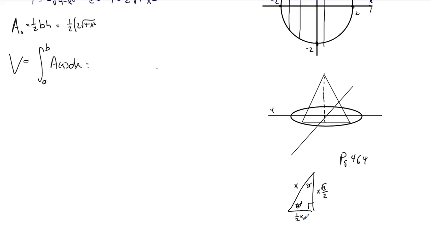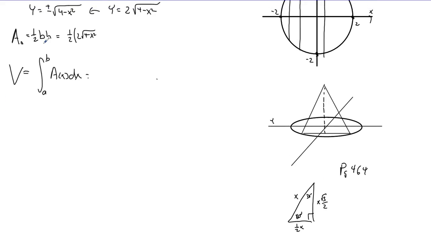Okay, so since I already know what the base is, that would be this whole distance right here. Half of that would be just square root of 4 minus x squared, and then multiply by square root of 3.